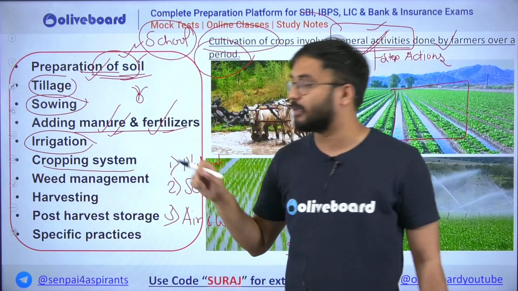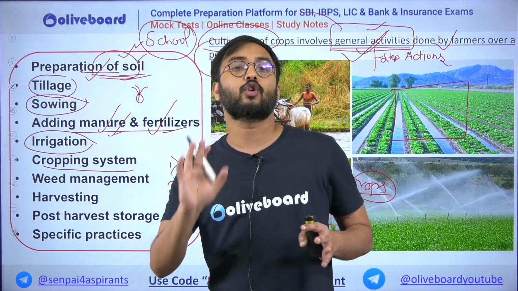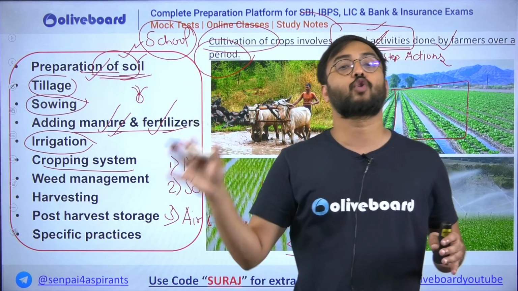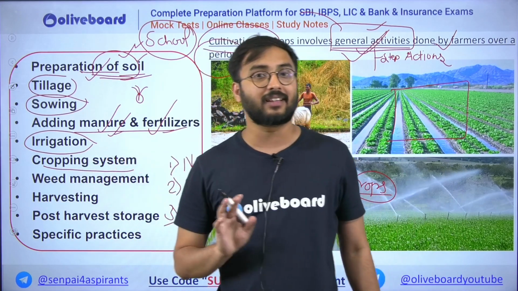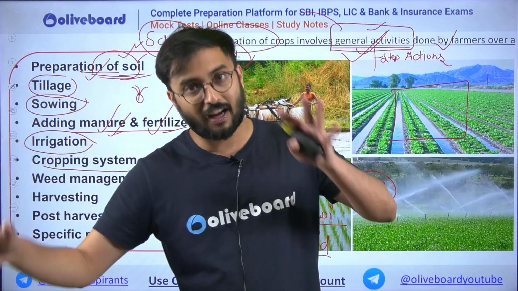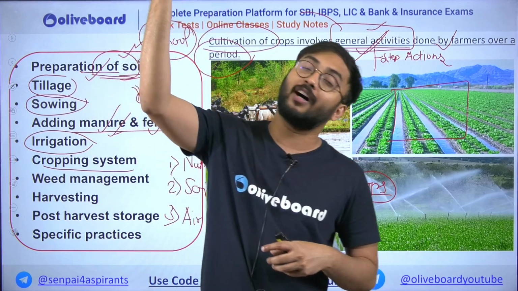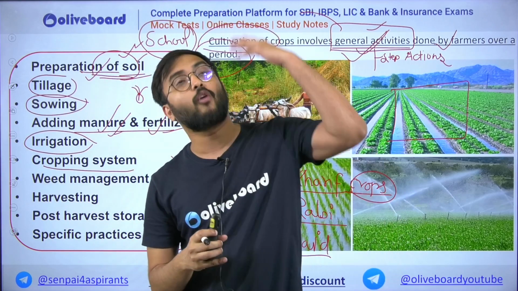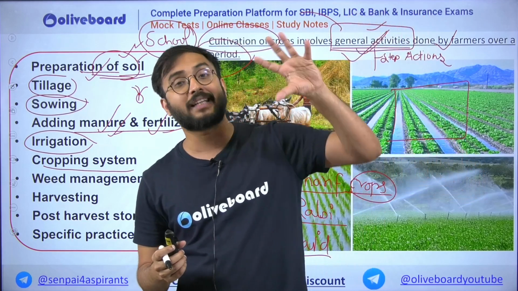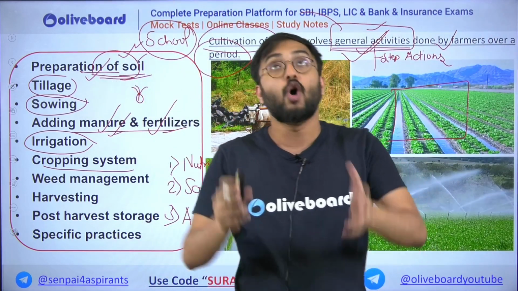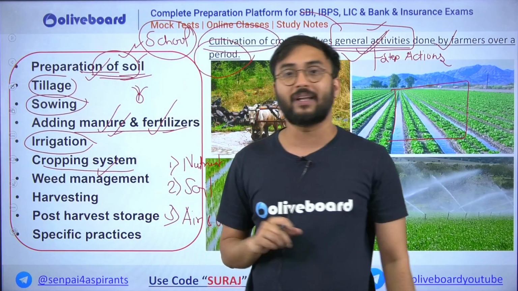Then comes the cropping system. Cropping system means there is a particular pattern in which a particular crop or certain combination of crops is planted in a particular field. It is when multiple agricultural and farming activities, the choices of the crops, and the way the arrangement of the crops is done come together, and these patterns make your complete cropping system.